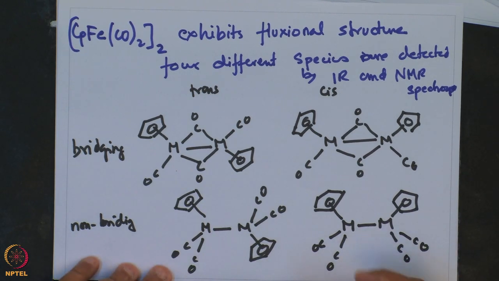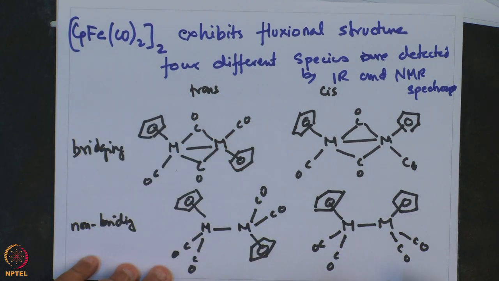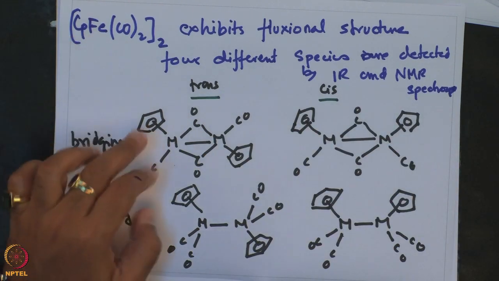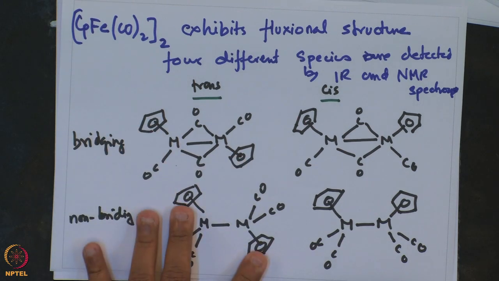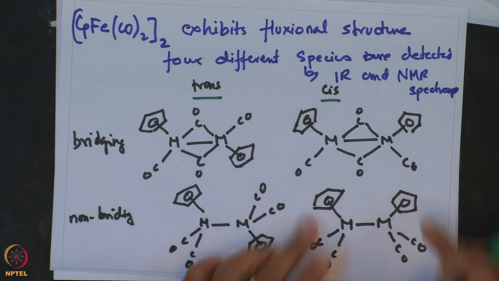So, over here this Cp iron dicarbonyl moiety exhibits fluxionality, and 4 different kinds of species are observed by NMR and IR. This is because of various cis and trans isomeric forms in which this molecule can exist, in which the cyclopentadienyl moieties can have a trans disposition to each other, or they can have a cis disposition to each other.